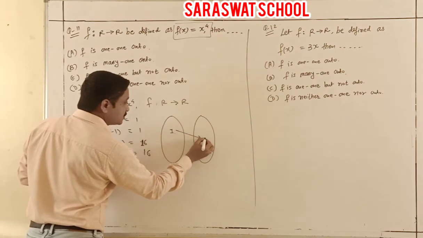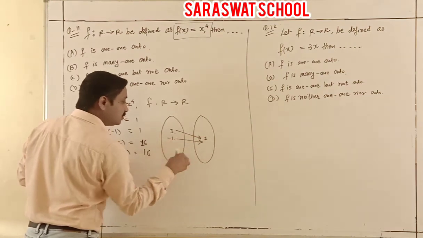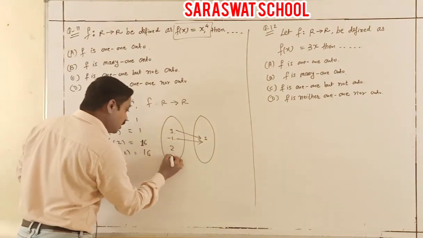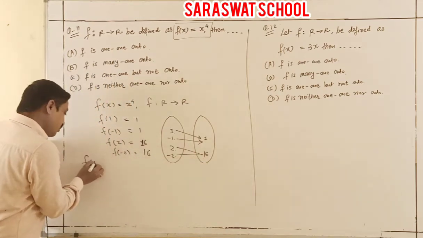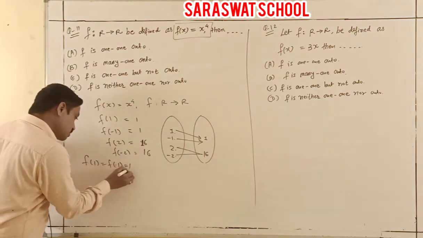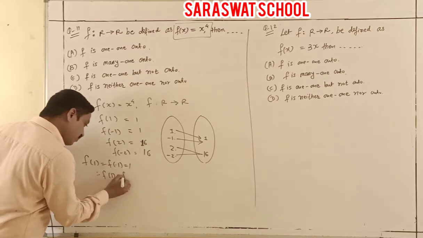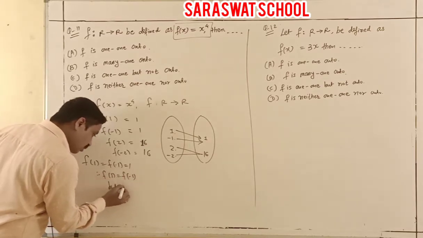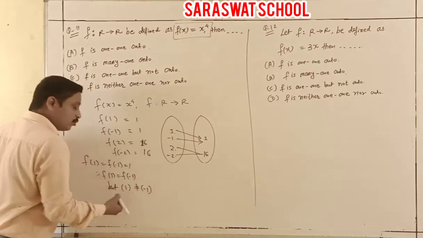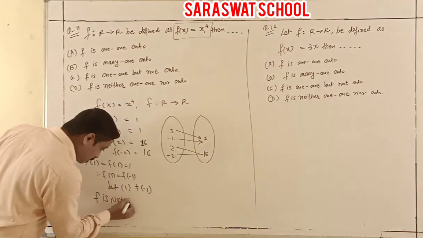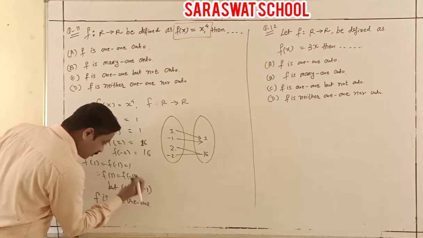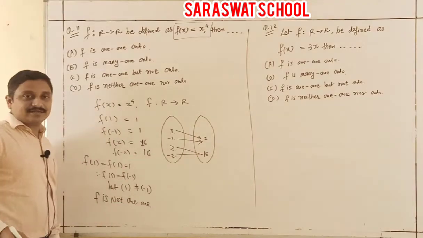Put in minus 1, then also 1. Either 2 and minus 2, then again it is 16. So finally, f(1) is equal to f(-1). But 1 is not equal to minus 1. It means confirm f is not 1-1. That's your one side answer.